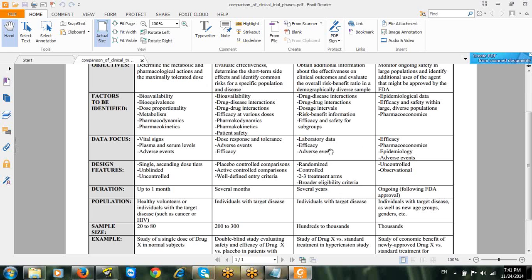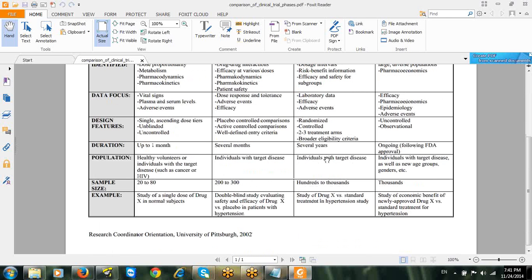Data focus: laboratory data, efficacy, adverse events. Design: generally here we have randomized trials, well controlled, and 2 to 3 different arms, and broader eligibility criteria. It will be conducted for several years according to the complexity of the clinical trial.